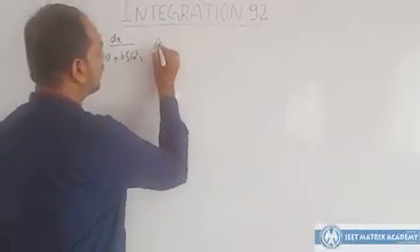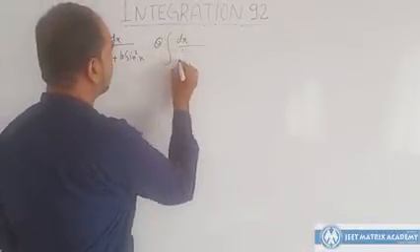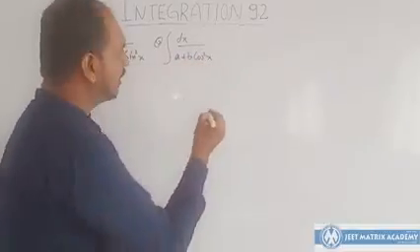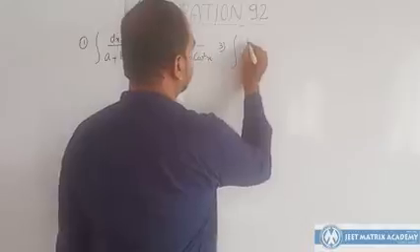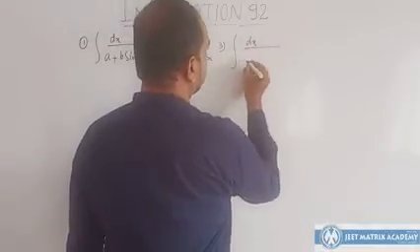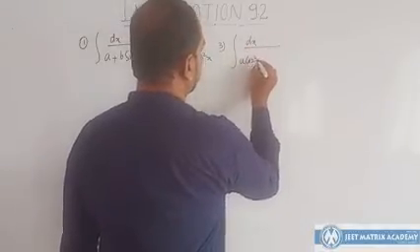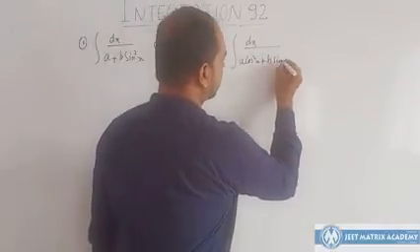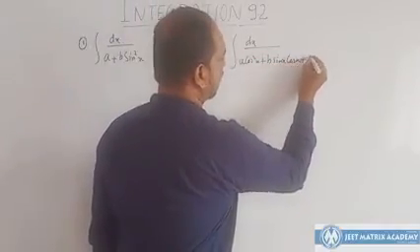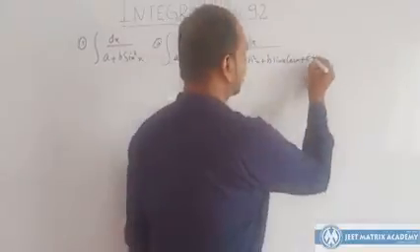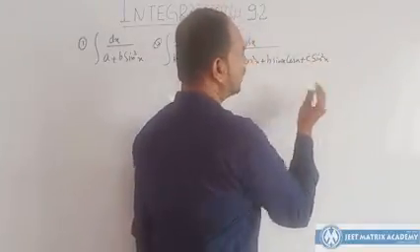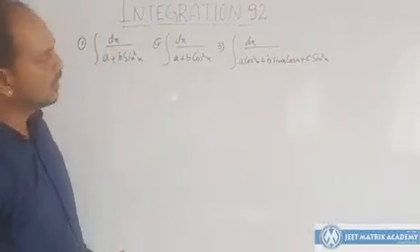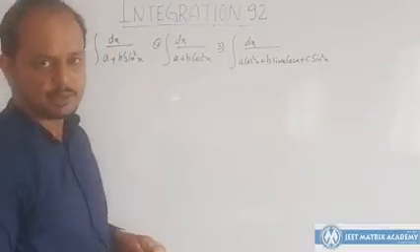The second form would be dx divided by a plus b cos square x, and the third would be dx divided by a cos square x plus b sin x cos x plus c sin square x. If the given problem follows this format, we'll see what you're supposed to do.